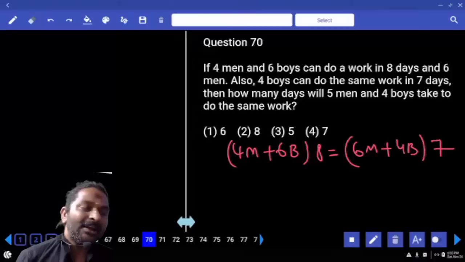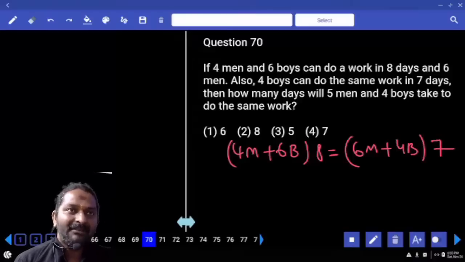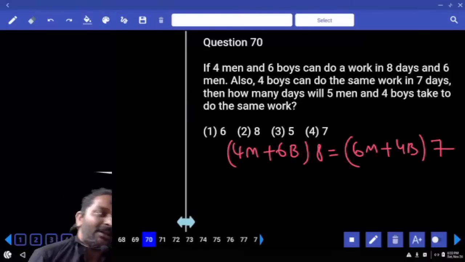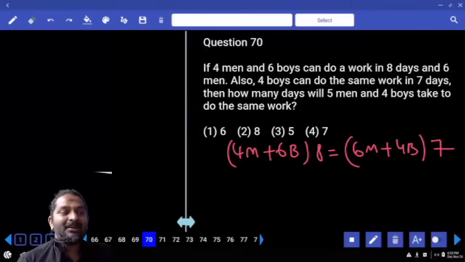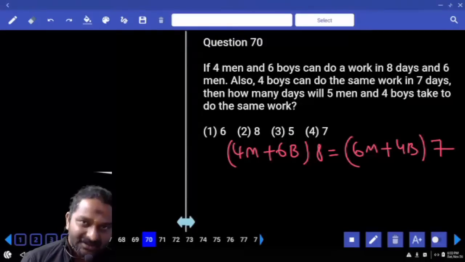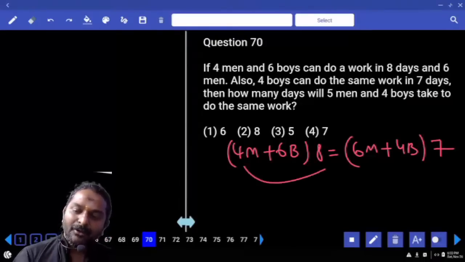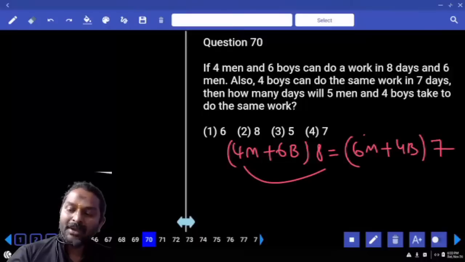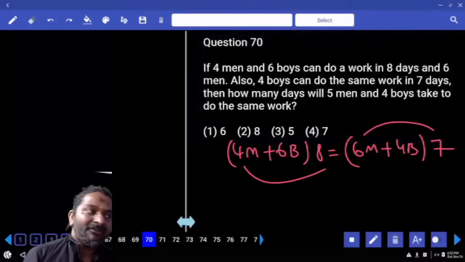Okay, right. Now, look at the equation m1d1 is equal to m2d2 and try to take men to one side and boys to another side. Is that okay? 4 into 8, 32 men. 6 into 7, 42. Let's take 32 to the right hand side.